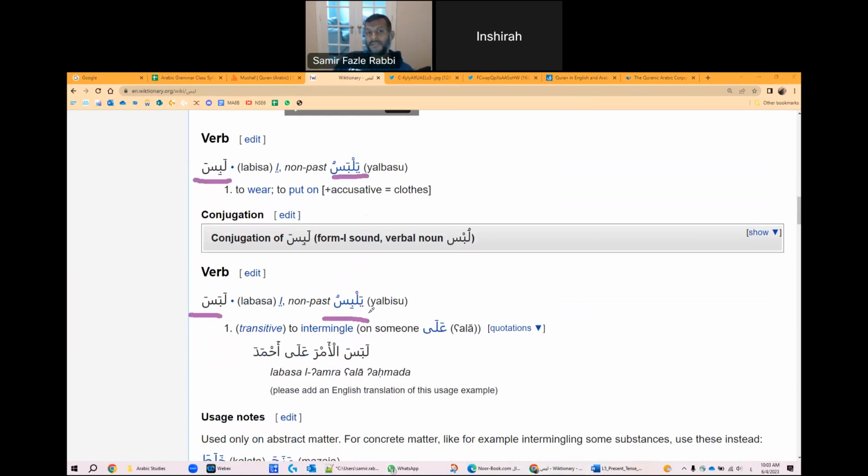So I'll need to add those moving forward, because see, this one, it's a fatha in the past tense and then a kasra in the present, and this one goes the opposite. This one goes kasra and fatha. But anyways, all these things basically have to be memorized. There's no way to derive it logically.